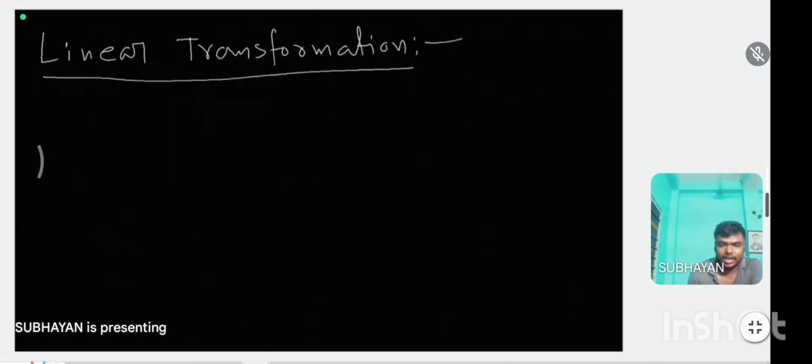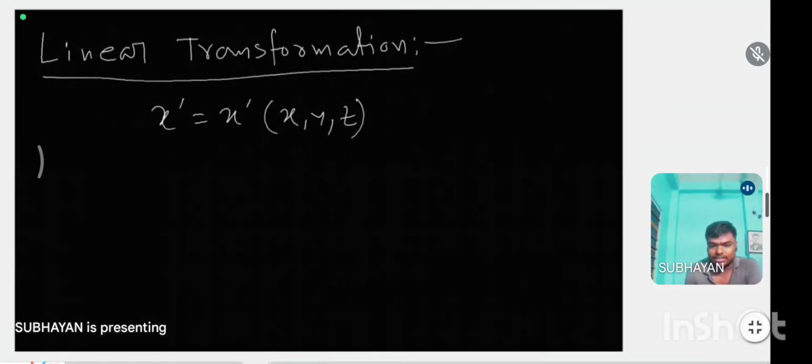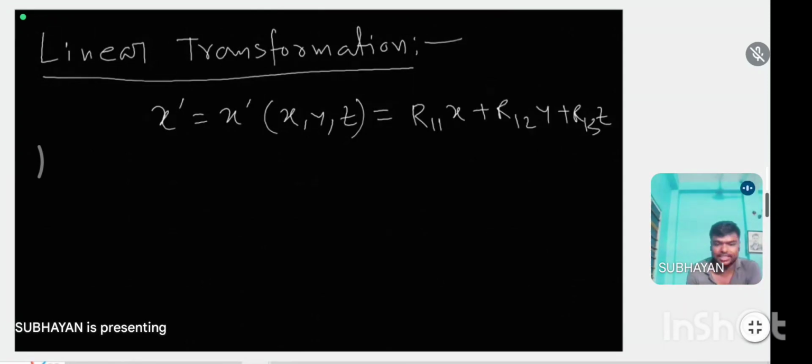That means in detail, x prime will be a function of x, y, z, a linear combination of x, y, z. Suppose I am writing r11 x plus r12 y plus r13 z. So this is the signature of a linear transformation. Okay.